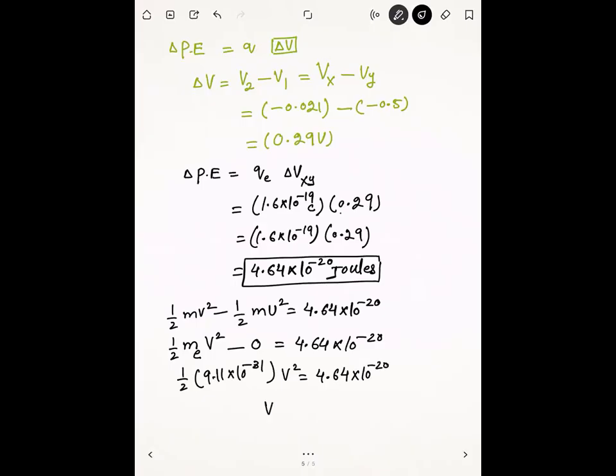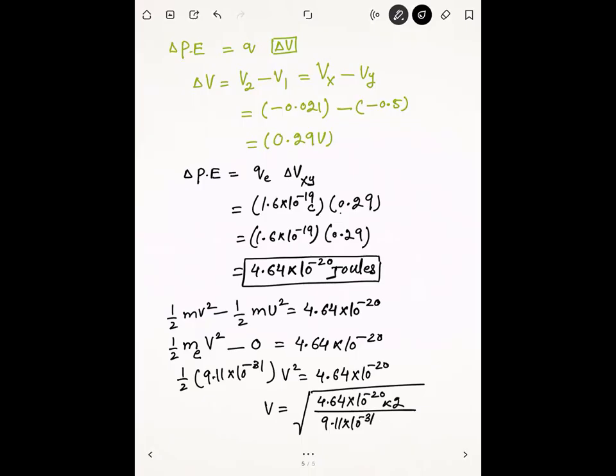So v will be equal to under root of 4.64 into 10 power minus 20 into 2 divided by 9.11 into 10 power minus 31.